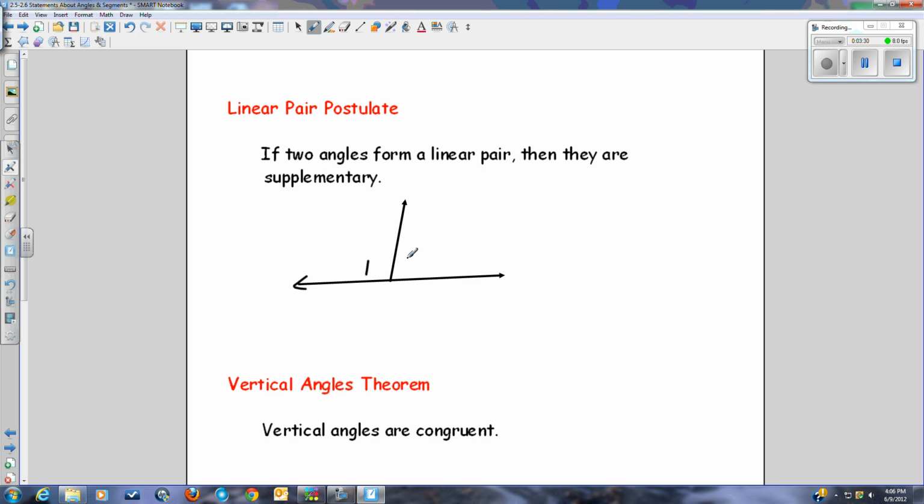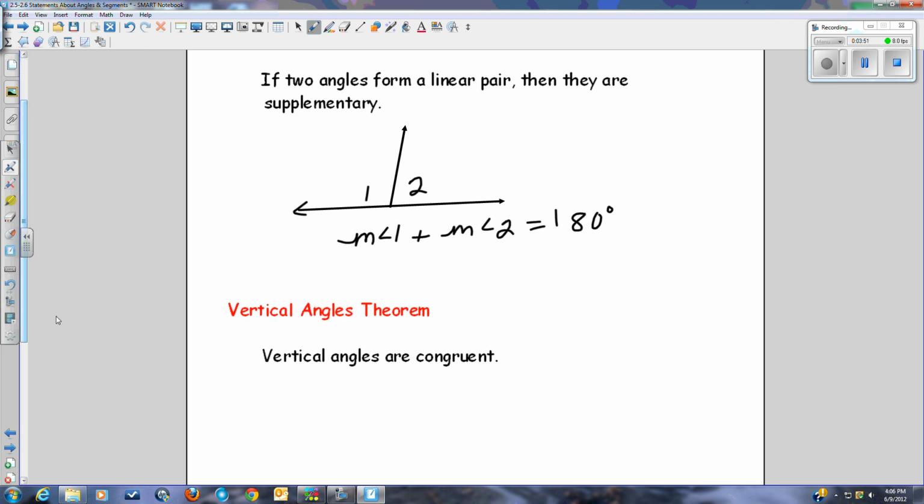So here's angle 1 and angle 2. Remember a straight line measures 180 degrees, so it makes sense that the measures of the angles of a linear pair together would add up to 180, which does make them supplementary. So we'll say angle 1 and angle 2 are supplementary.